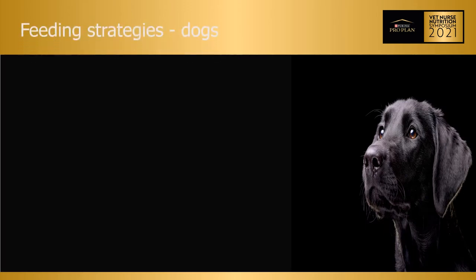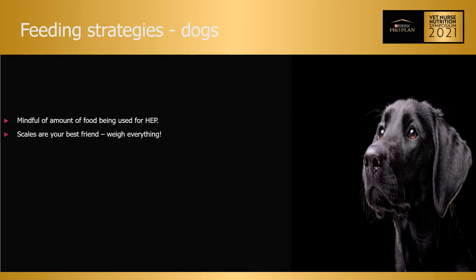Okay, so moving now on to feeding strategies in dogs. I thought I would address dogs and cats separately because there are some variations. So we need to be mindful of the amount of food that we're going to use for our home exercise plan as part of their rehabilitation. We just need to be able to factor that into their weight loss. So scales are our best friend, and we weigh absolutely everything, not just the patient, but the food as well.